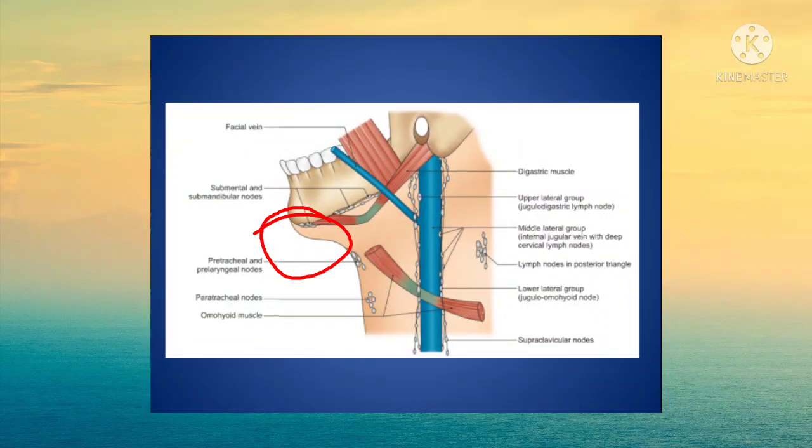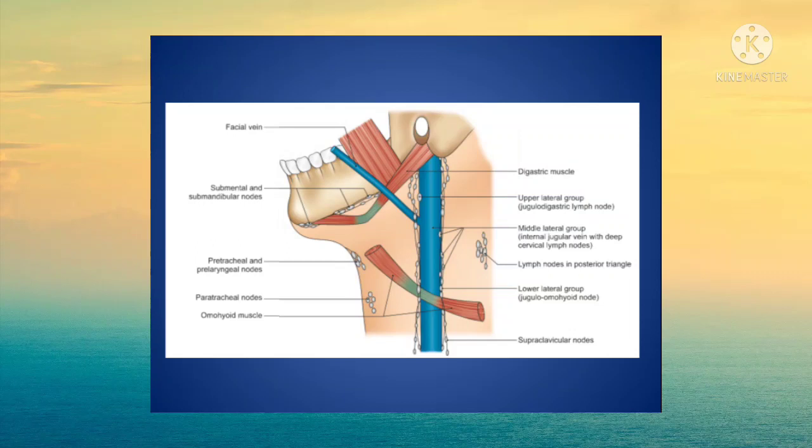The submental nodes are 3 or 4 in number, situated on the mylohyoid muscle between the anterior bellies of both digastric muscles.